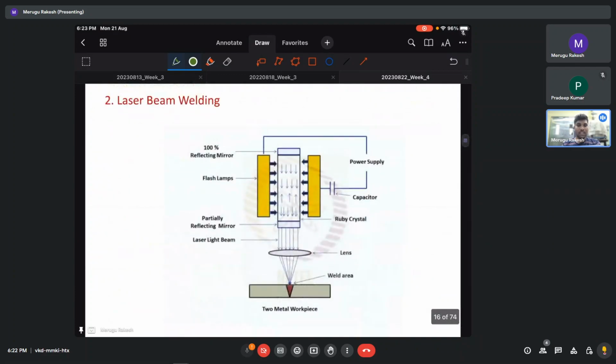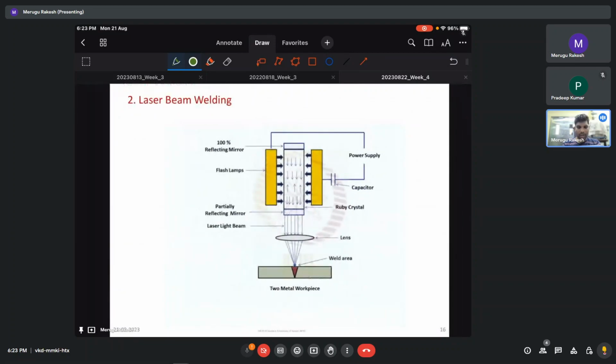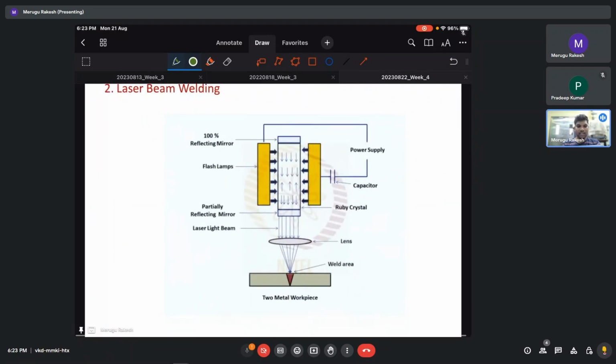Then we are going to discuss the second type, that is laser beam welding. Similar concept, but here we are going to use laser energy. I think you might be well aware of the working principle of laser.